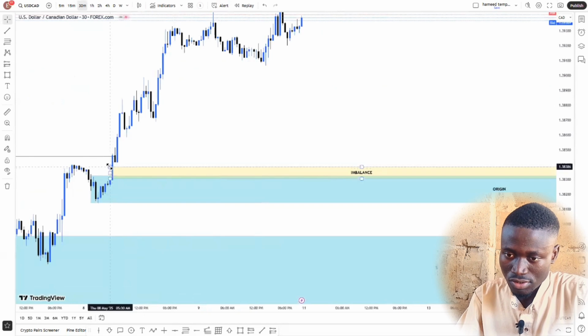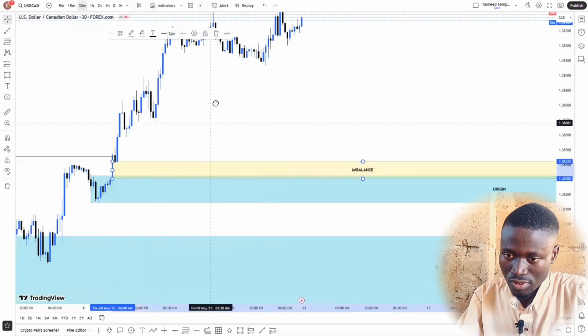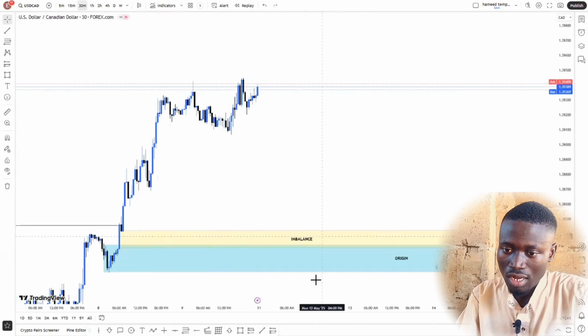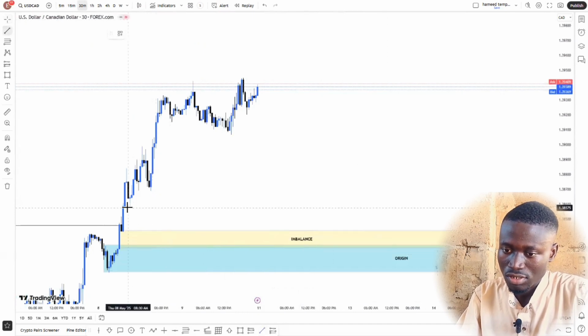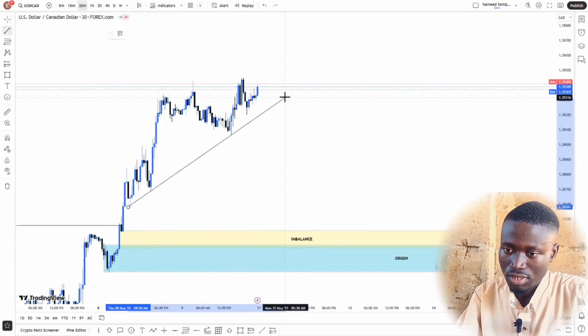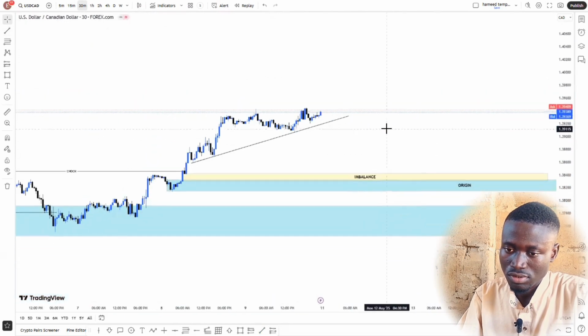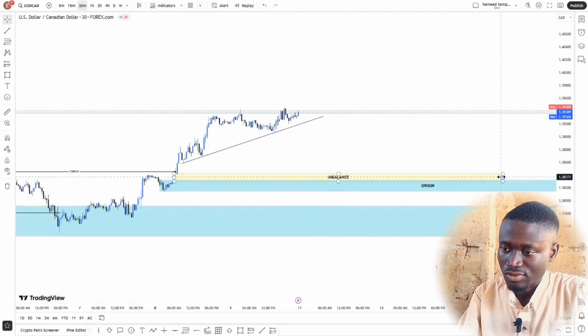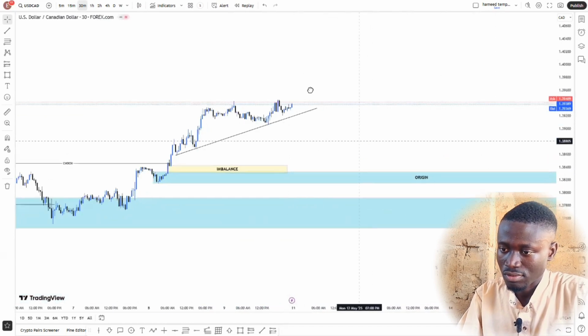So here is our decision. We're going for this imbalance and this origin. So we count all these as what? As liquidity. All this place will be our liquidity. We count all this as liquidity. So this is where we are expecting the chart to come.